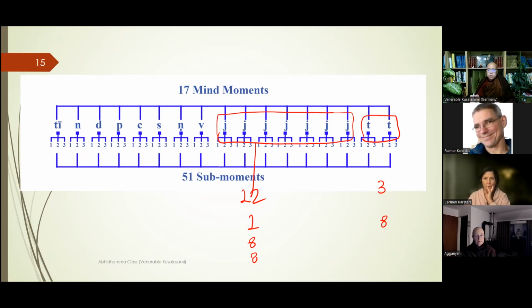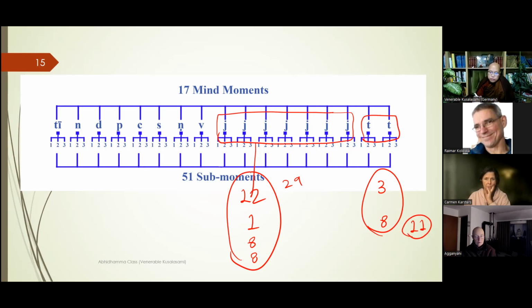Here the possibility is 29 Javana and 11 Tadaramana. Which kind of Javana is here, and which kind of Tadaramana will arise? We have to look at that. You know, not all 29 will arise; you already know that.